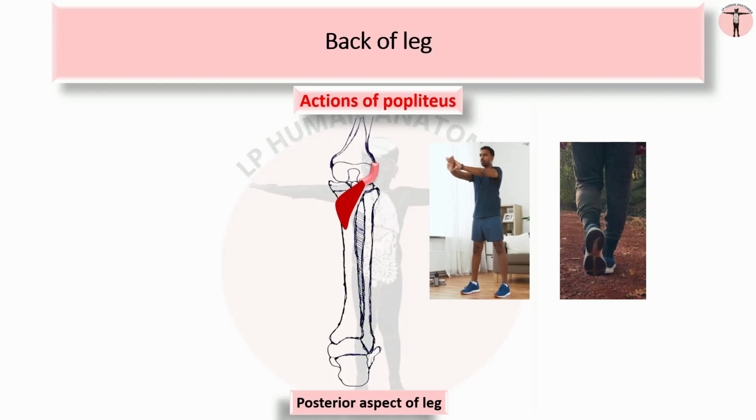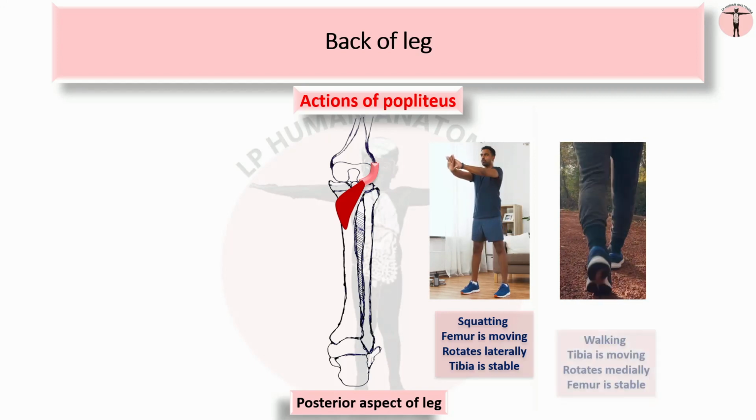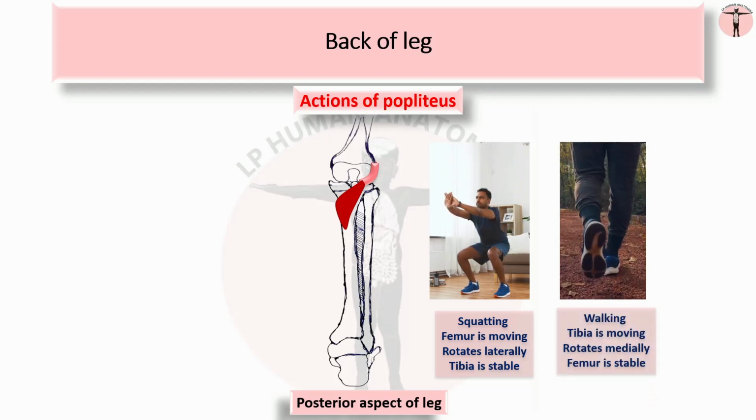For example, in squatting, the femur is moving and tibia is stable on the ground. In walking, the tibia is moving and femur is stable.